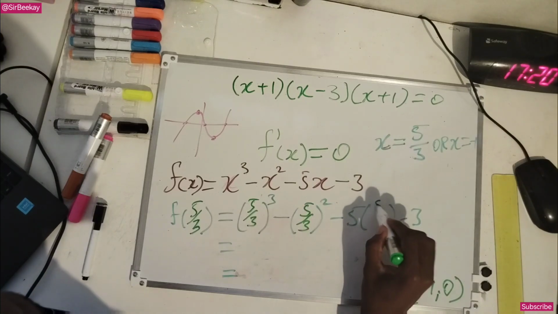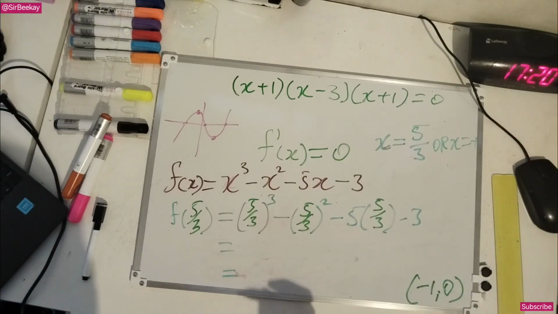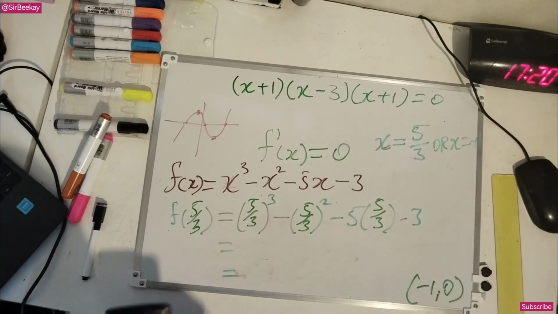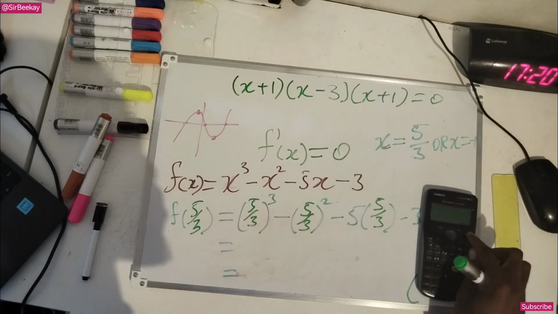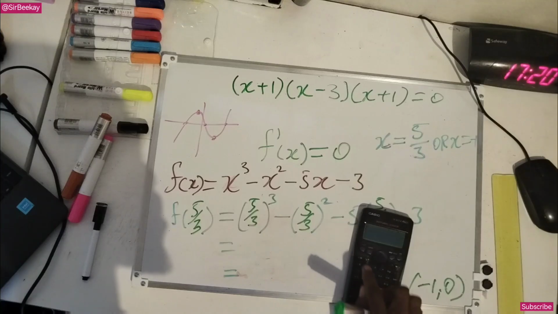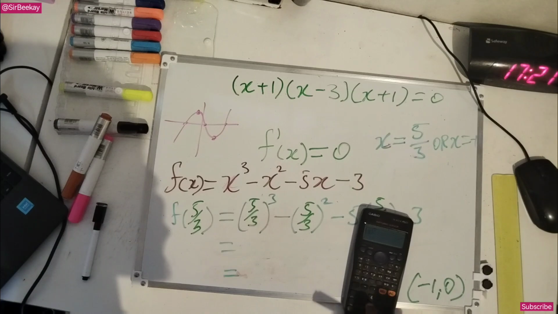Okay, so let me just simply use a calculator for time purposes to get this. 5 all over 3 all cubed minus 5 all over 3 all squared minus 5 into 5 all over 3 minus 3.